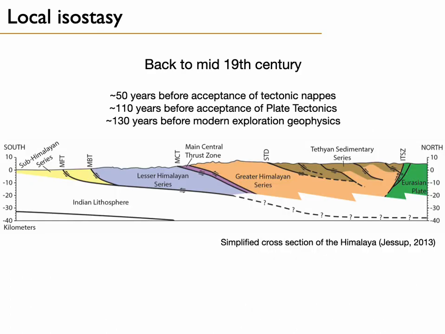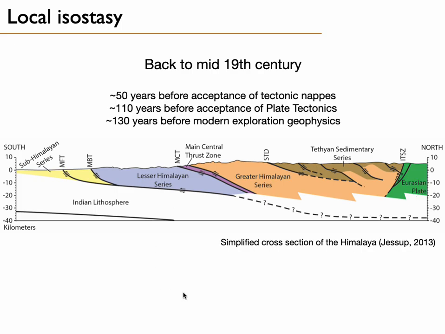So let's go back to the mid-19th century. So we are basically 50 years before the acceptance of the tectonic nappe theory, in a way, or the discovery of tectonic nappes, 110 years before the acceptance of the plate tectonic theory, and 130 years before modern exploration geophysics.